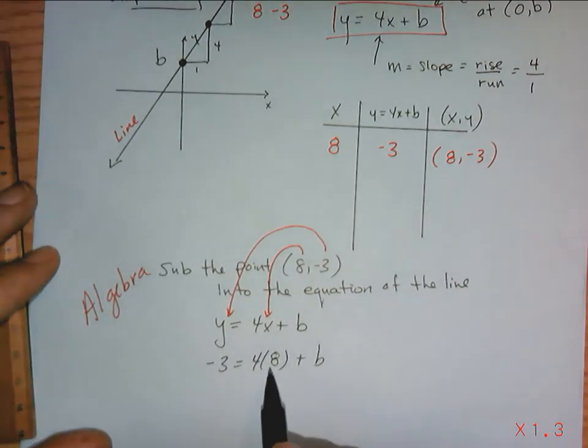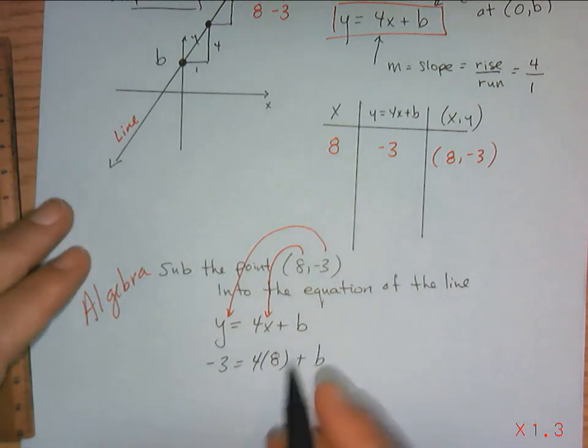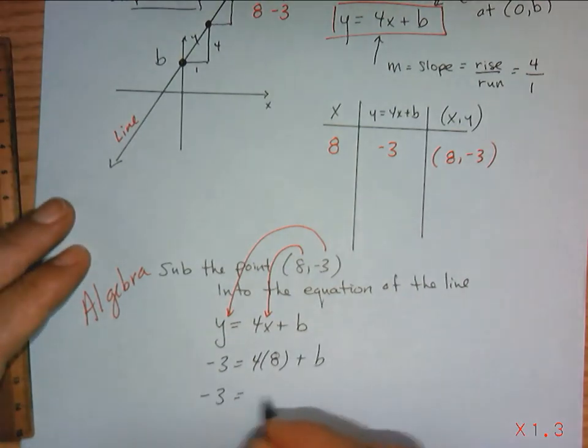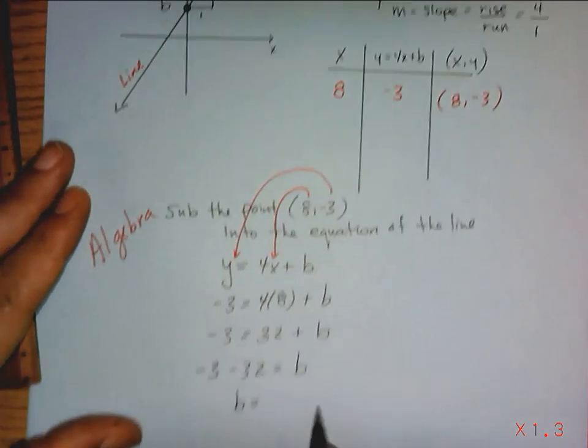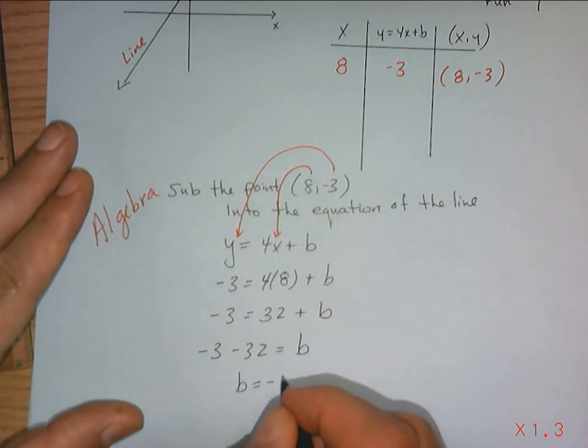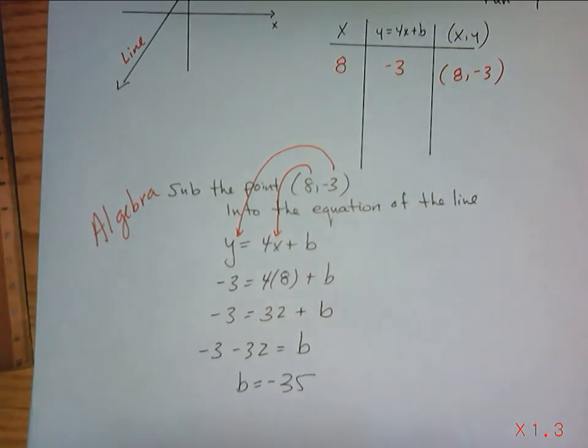So 4 times 8 is 32. We need to get b by itself, so we're going to take 32 away from both sides. So b actually equals negative 35.